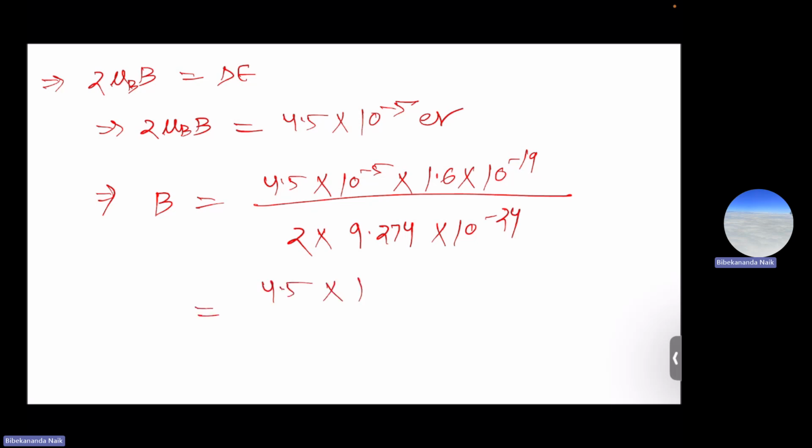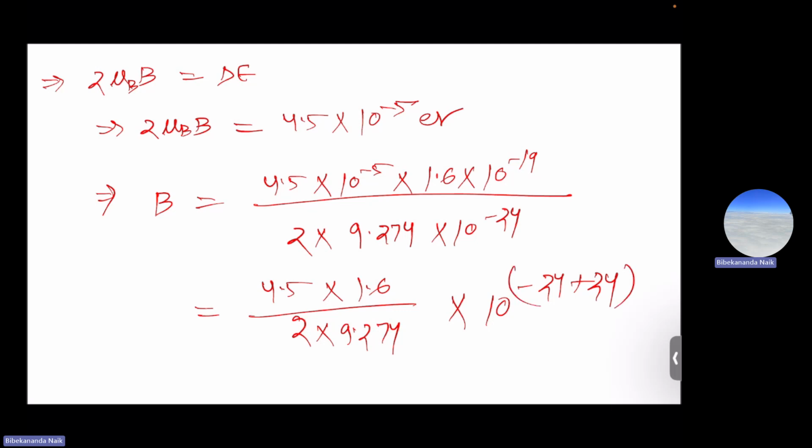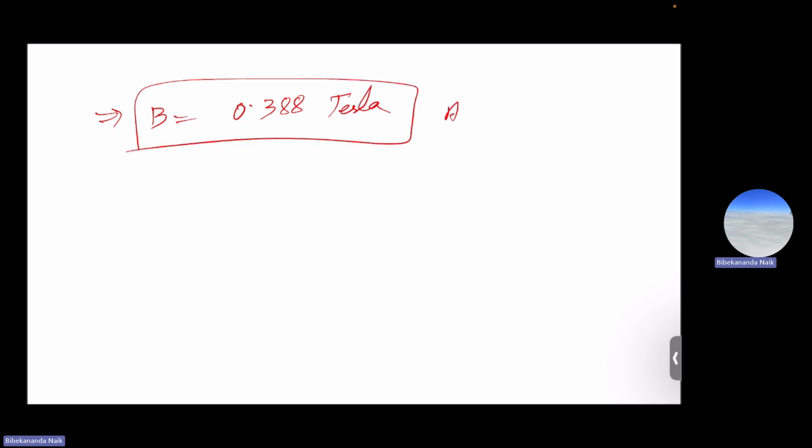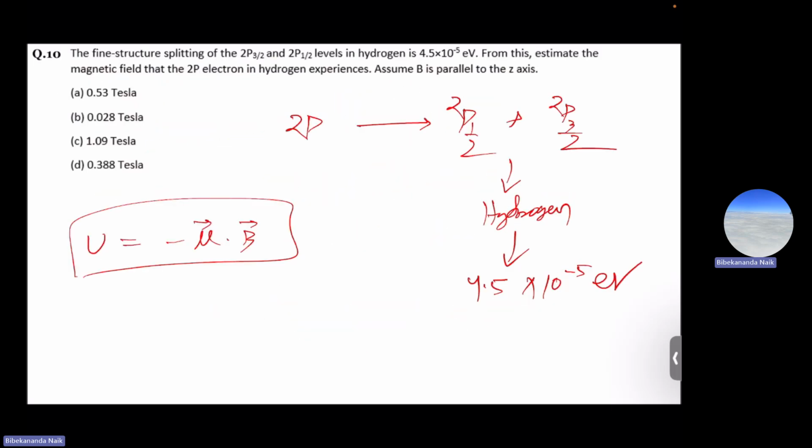So B will be 0.388 Tesla. The correct option is option D, that is 0.388 Tesla.